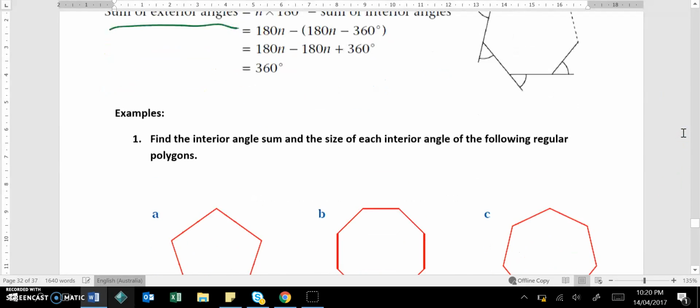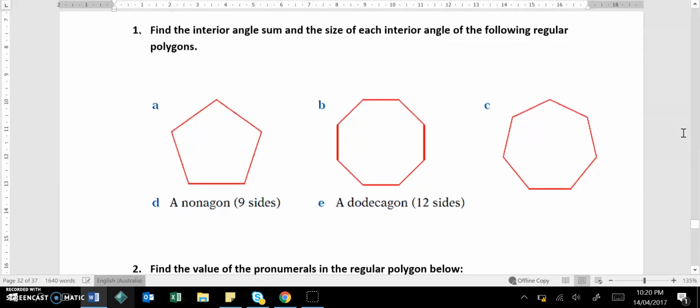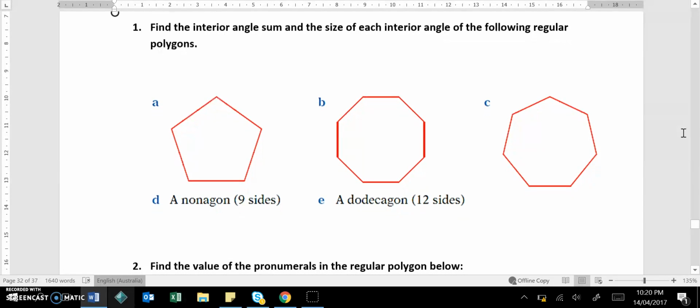Cool. The next section's asking you to do some things, so let's have a look at these questions together. It says find the interior angle sum and the size of each interior angle. There's not a lot of room here, so you might want to do this in your book. In the first one, you'll notice that there are 5 sides.